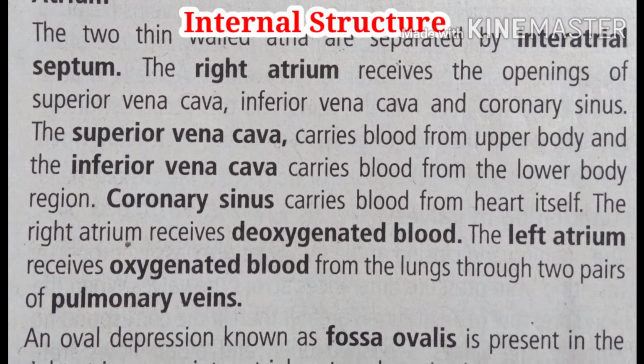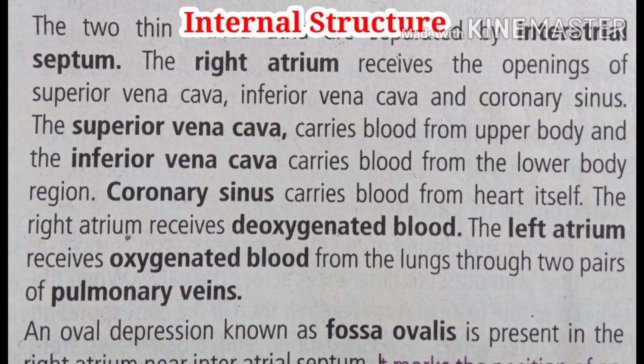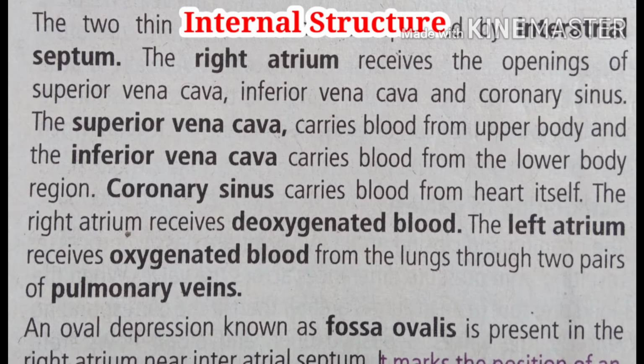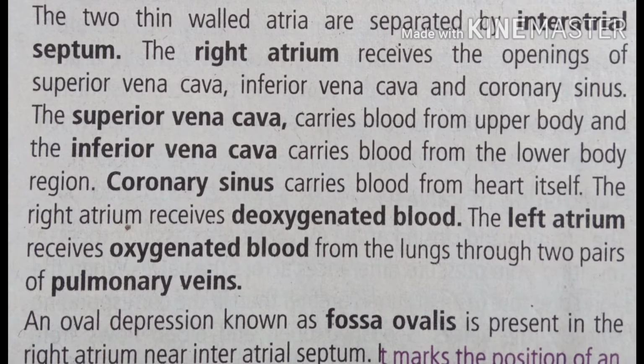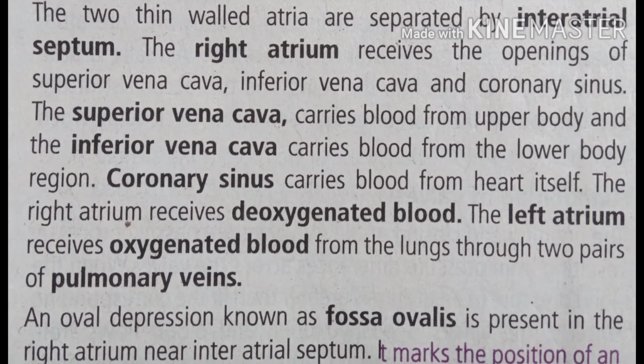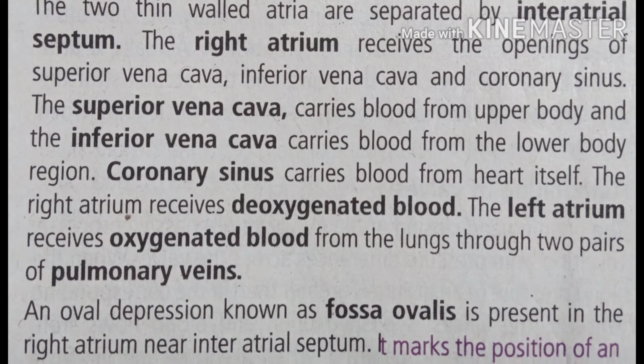The superior vena cava carries blood from upper body and the inferior vena cava carries blood from the lower body region. Coronary sinus carries blood from heart itself.